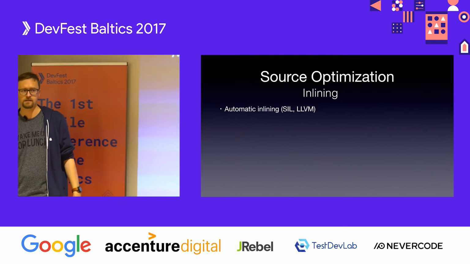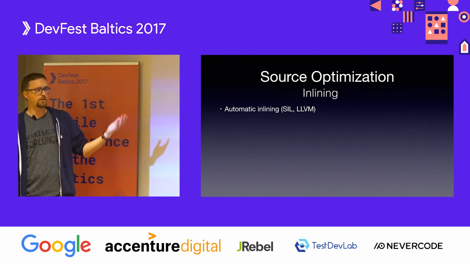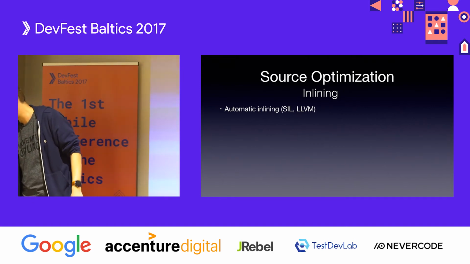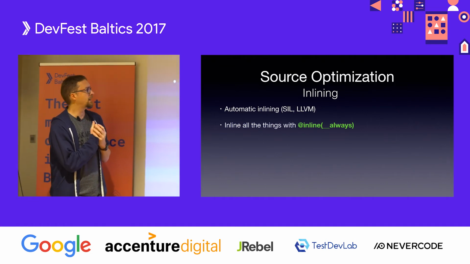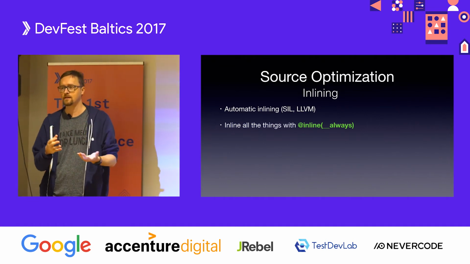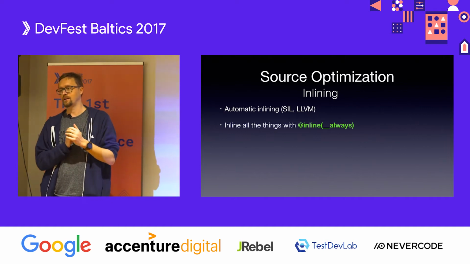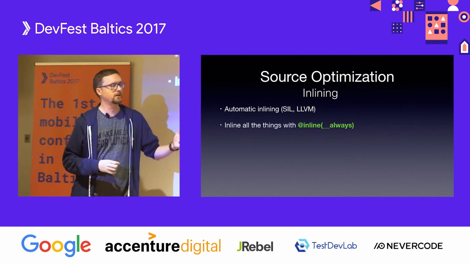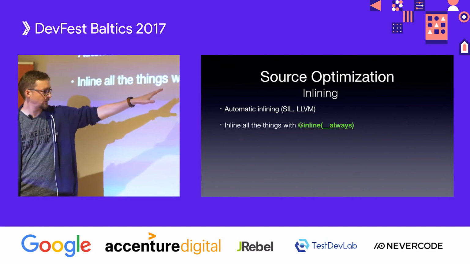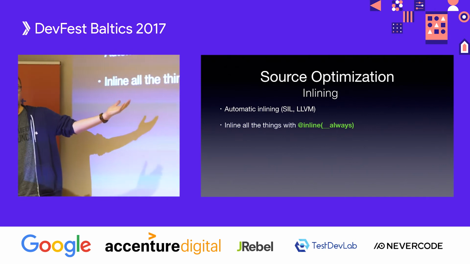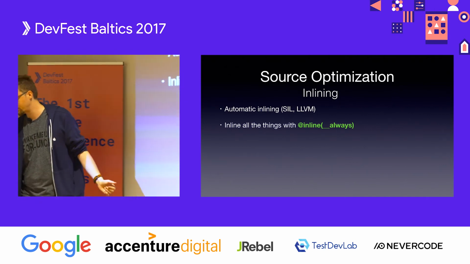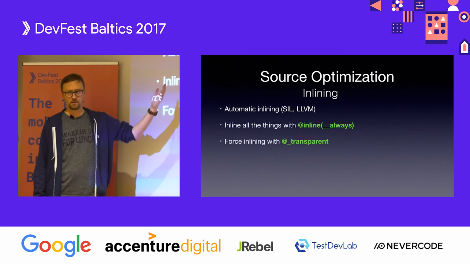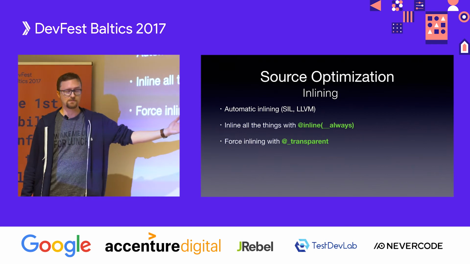So that's inlining, and in Swift we do have inlining. Inlining is very used in C, but we do have it. It happens automatically on the SIL level and LLVM level later. But we can ask the compiler to do the inlining if we think that's a good idea. We use the private attributes. First is @inline(__always). It's a hint to the compiler: okay, this function should be inlined. If that doesn't work, you can use @_transparent.